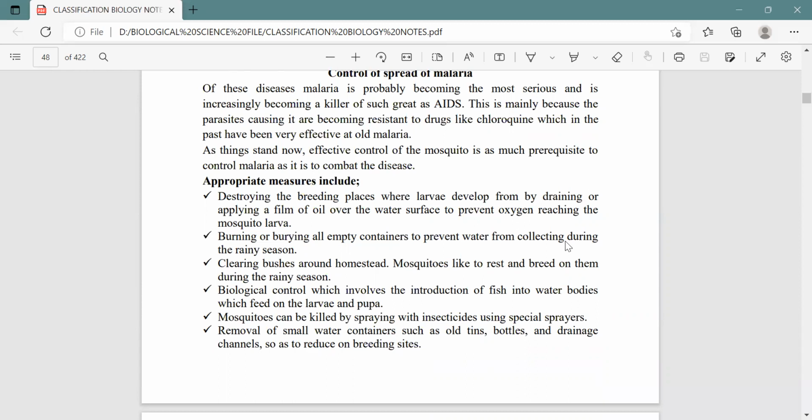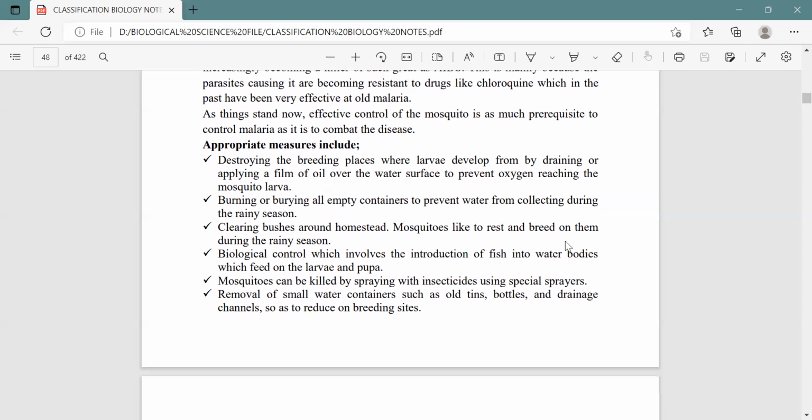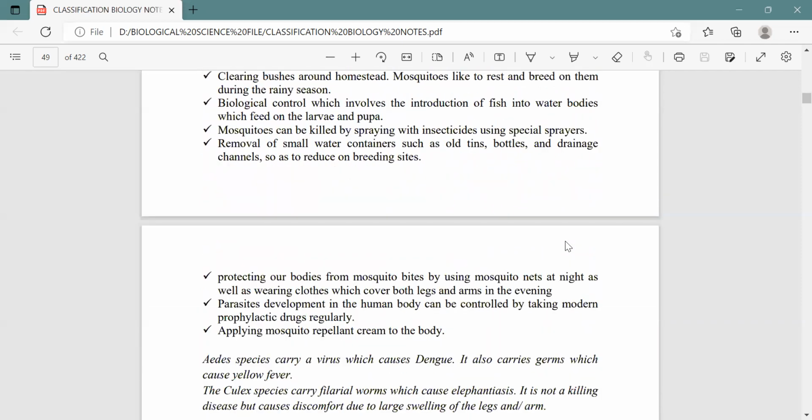Use biological control methods by introducing fish that will eat the mosquito larvae and pupae. Kill the insects chemically by spraying them with insecticides such as Doom. Remove stagnant water in old tins and bottles around the homestead.